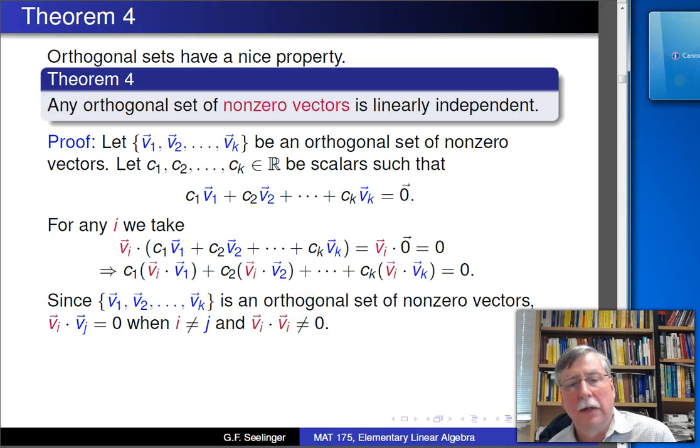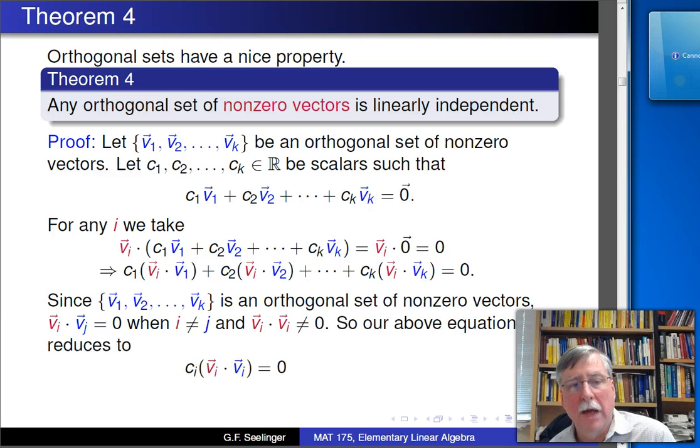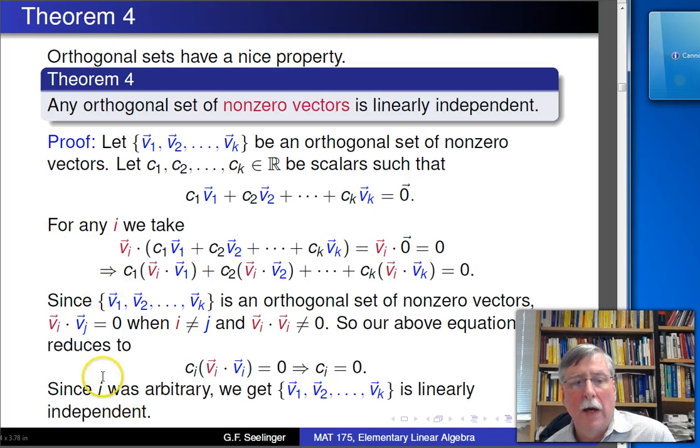So when I reduce that, all these terms cancel except for one. What I get is that this last term, Ci times Vi dot Vi, is equal to 0. And since Vi dot Vi is not 0, the coefficient has to be 0. Since i was arbitrary, we get that V1, V2, V3, all the way through Vk is linearly independent.